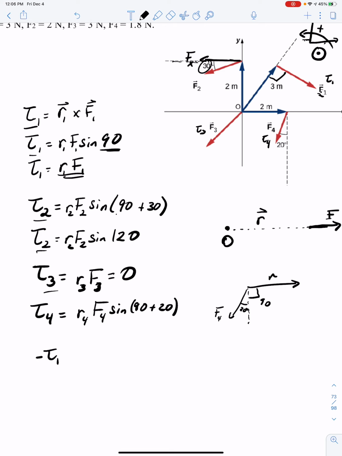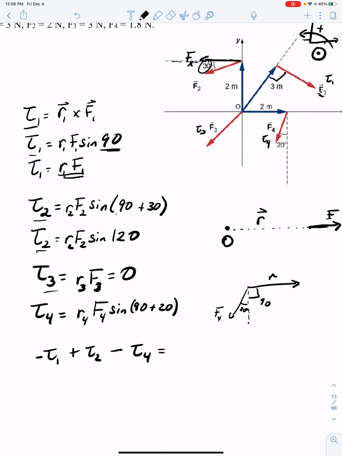For torque 2, it is positive because it's going in the counterclockwise motion. Torque 3 is 0, so we don't have to worry about that. But torque 4 is negative because it is going against the counterclockwise motion.